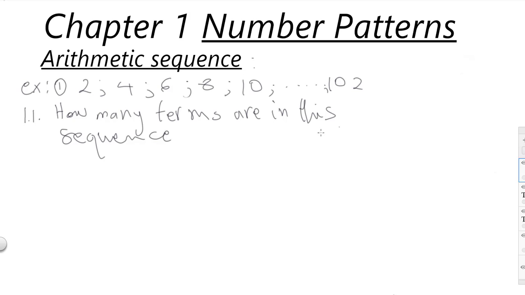They can ask you, how many terms? So this is the same question. They can also ask you the same question, but they change it.